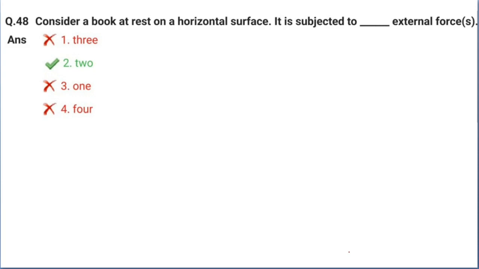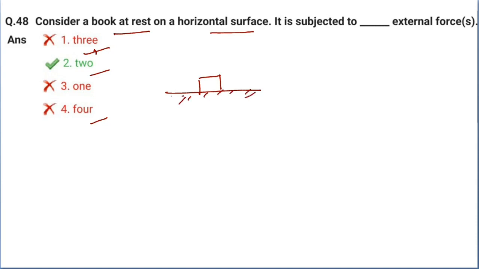Question number 48. Consider a book at rest on a horizontal surface. It is subjected to how many external forces? 3, 2, 1, 4. Consider a book, okay, suppose this is the book at rest on a horizontal surface.